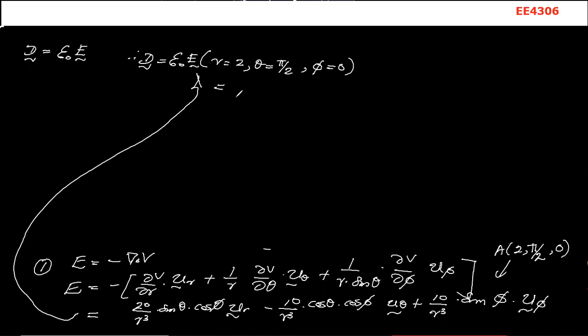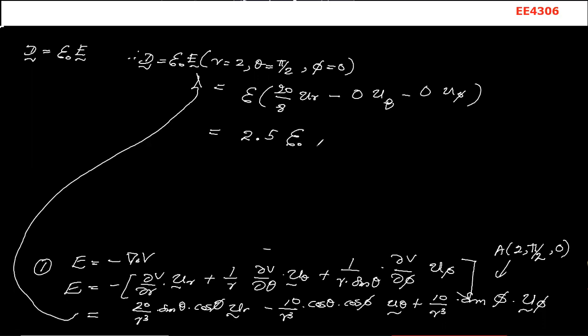Once you substitute these values, this term becomes 0. Therefore, the final solution becomes 2.5 permittivity into U R. Coulomb per square meter is the unit.